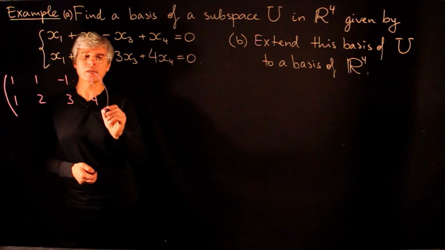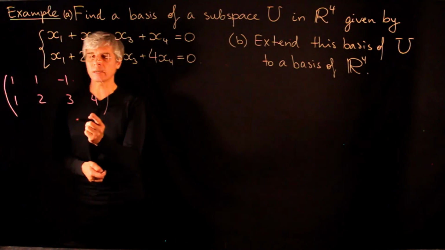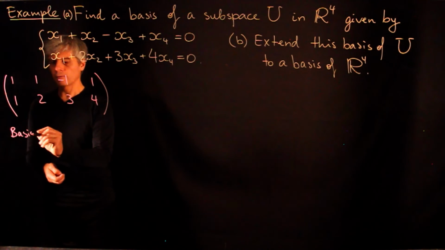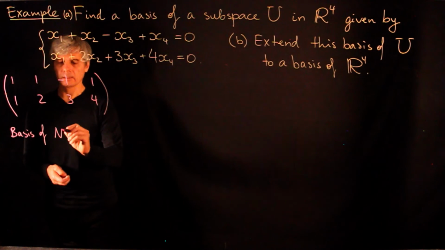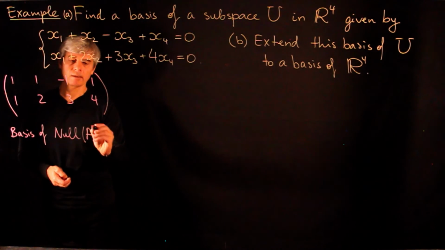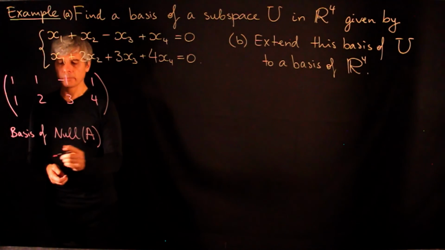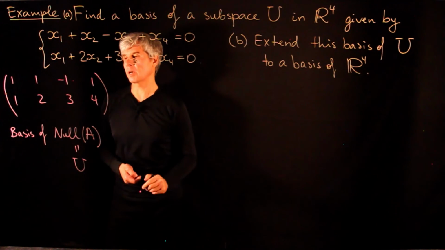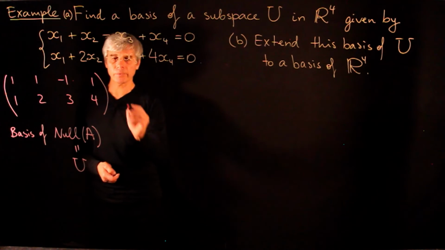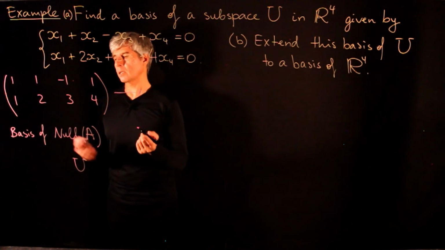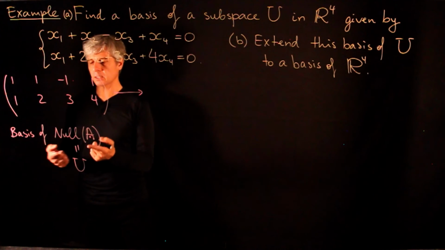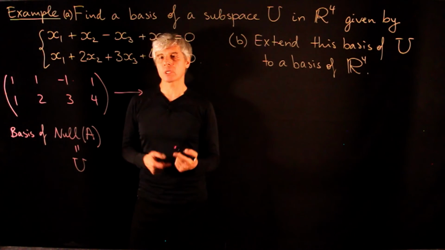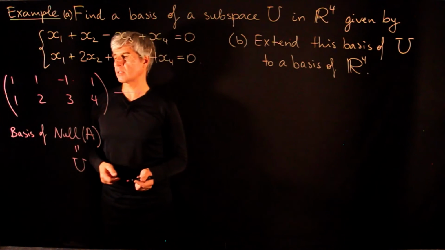And what we want to find here is the basis of the null space of A. This null space of A is precisely the subspace U in question here. And we find the basis of the null space by writing down the general parametric solution of this system of linear equations in vector form.